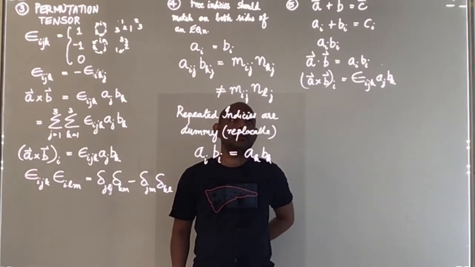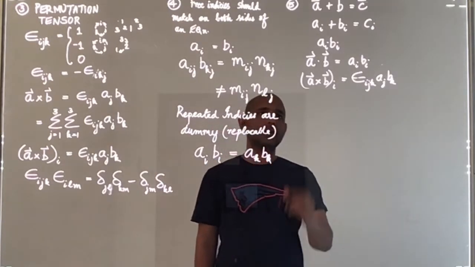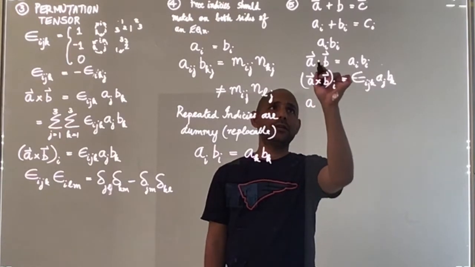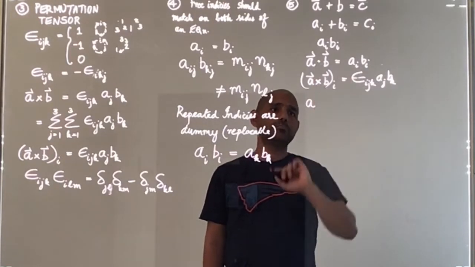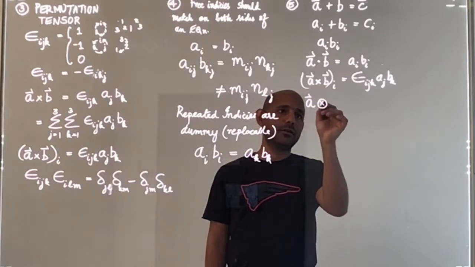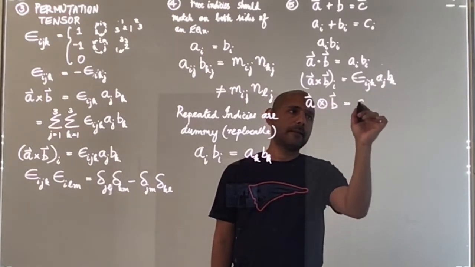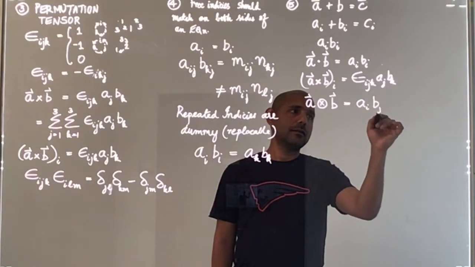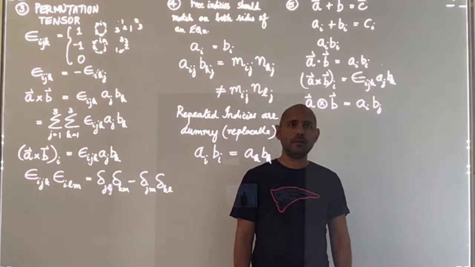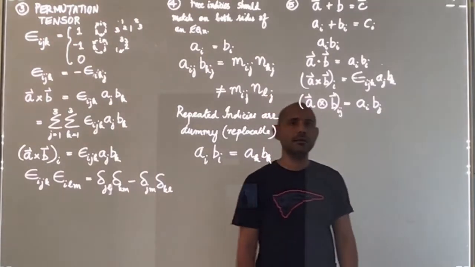Now, it's probably time to introduce another notation, which is dyadic notation. So you're neither doing a dot product nor a cross product, but you are doing a dyadic product, which is a cross inside a circle. This is a bizarre looking quantity, and following the logic, a_i b_j.